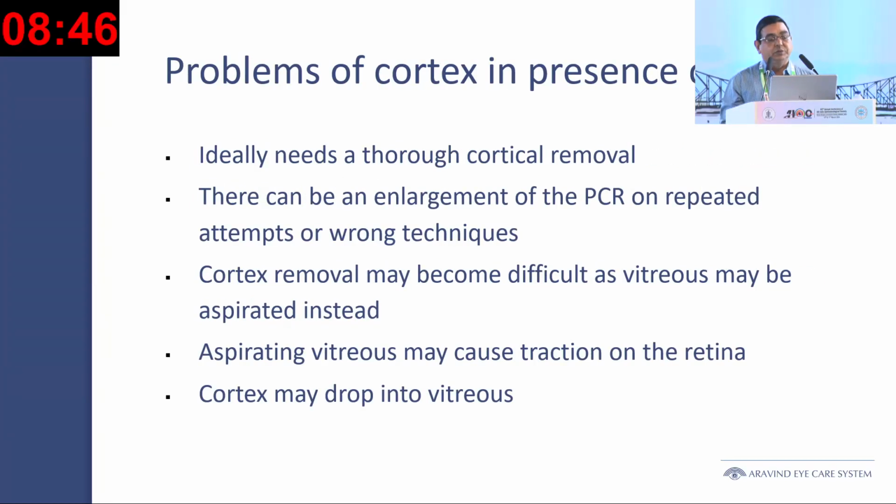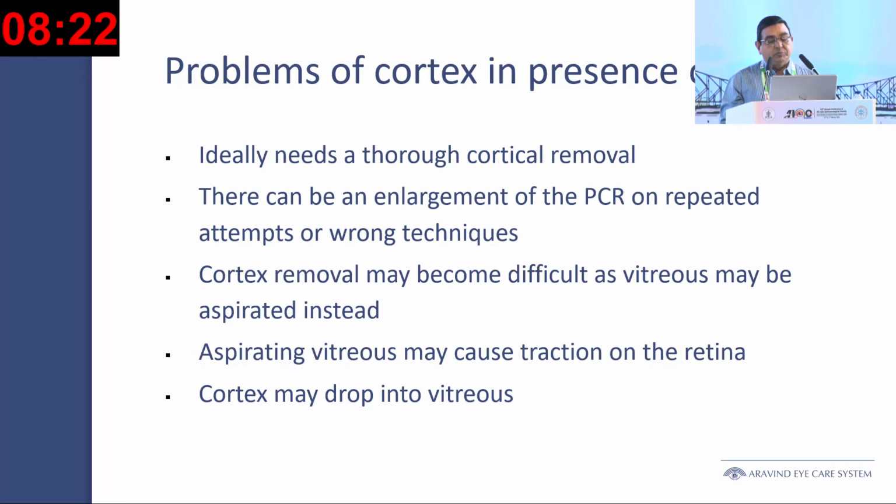So what would be the problems of cortex in the presence of a PCR? Ideally, it needs a thorough cortical removal, so we should be removing 100% of the cortex. There can be an enlargement of the PCR on repeated attempts or repeated collapse of the chamber during the process, or because of wrong techniques like pulling on the PC.